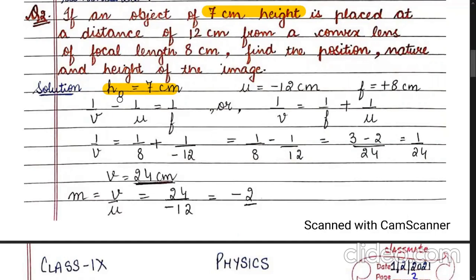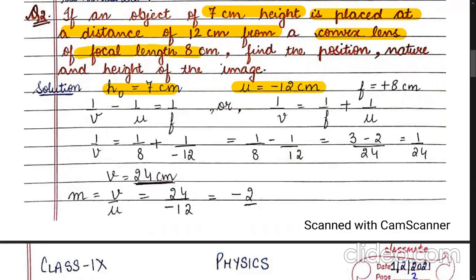So height of object is 7 centimeter. It is placed at a distance of 12 centimeter from a convex lens. Now object is placed at 12 centimeter. It means U is negative, minus 12 centimeter.